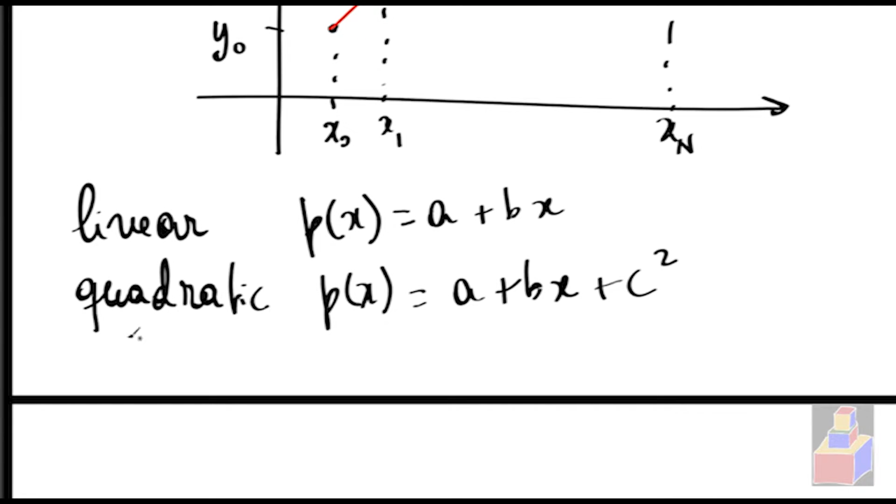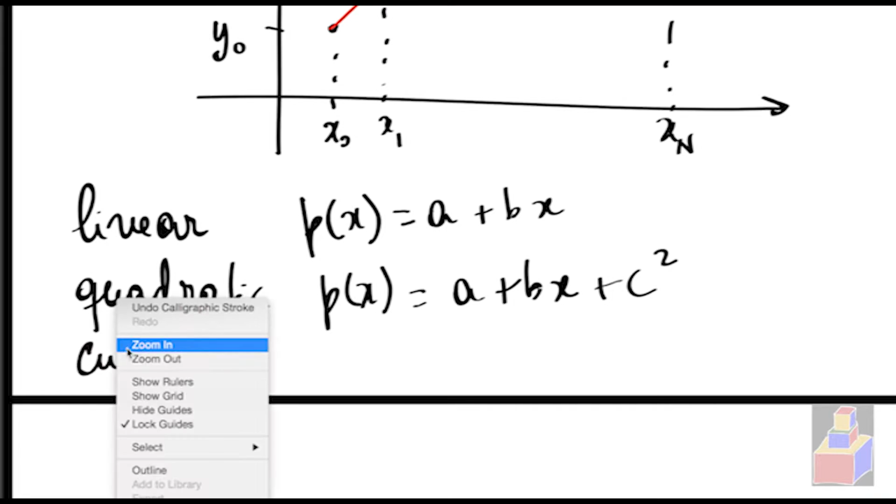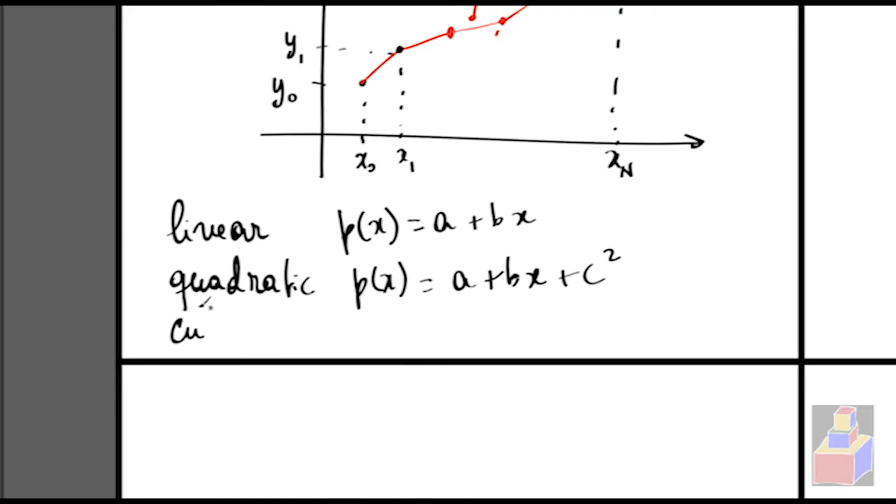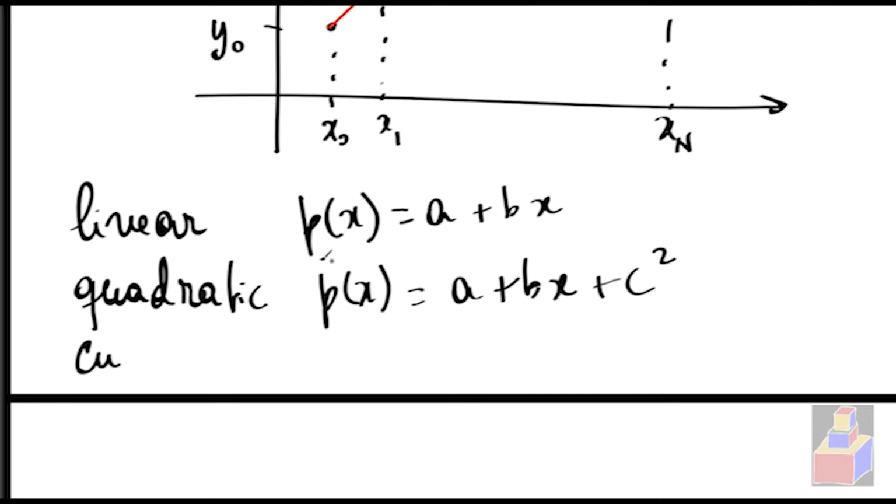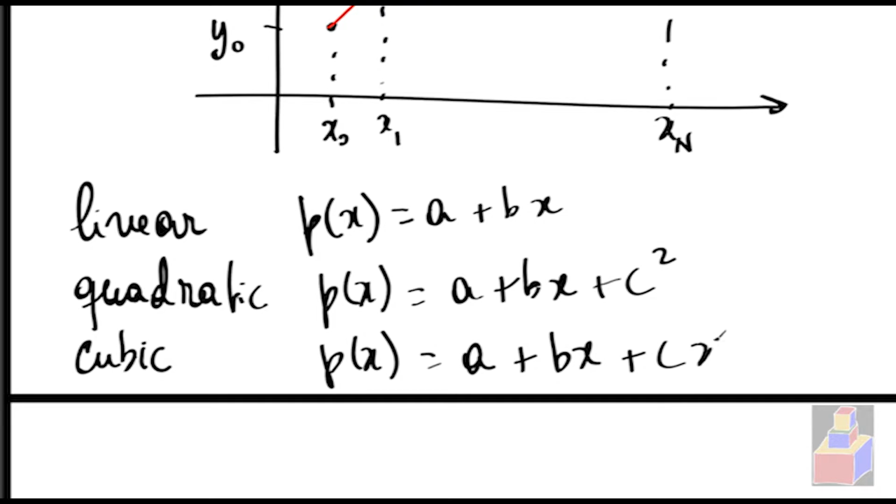And if you want to really guarantee a more physical, let's say, curve, we would have a cubic polynomial. Now you have more parameters, okay? A plus bx plus cx squared plus dx cubed.